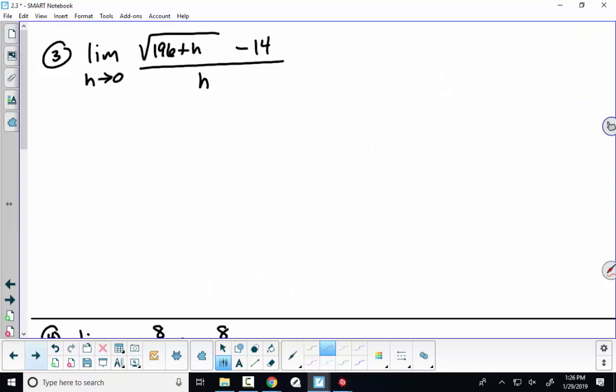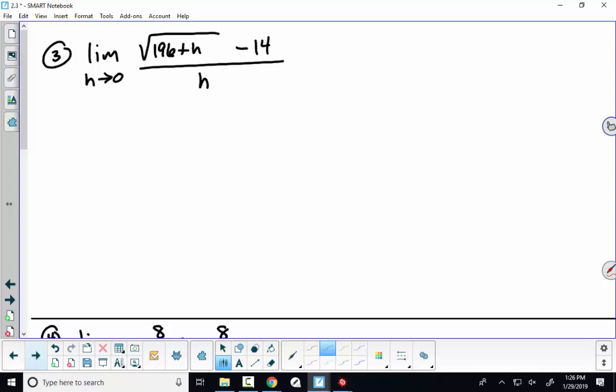All right, so example 3. The issue here again with evaluating this limit is we're dividing by h, and h is approaching 0. So it's causing us to divide through by 0. So then our goal is to algebraically manipulate this function so that we can get a factor of h on the top so that it will cancel with this factor of h on the bottom.